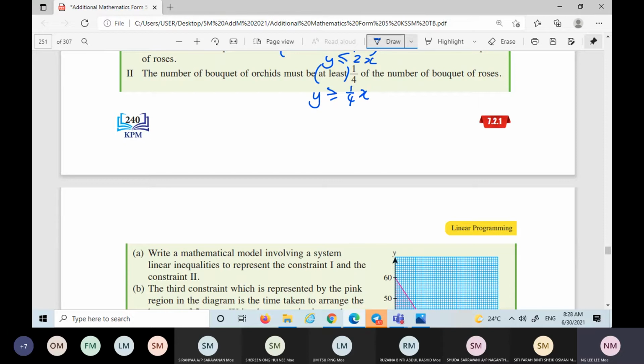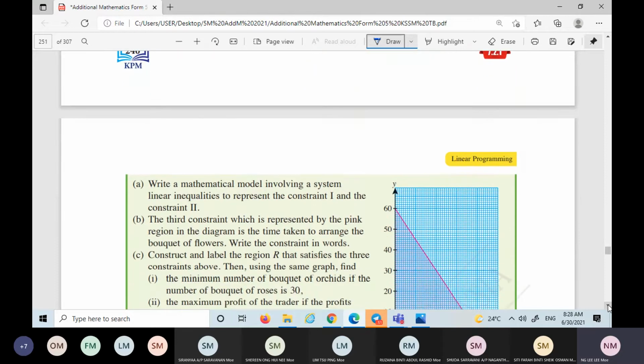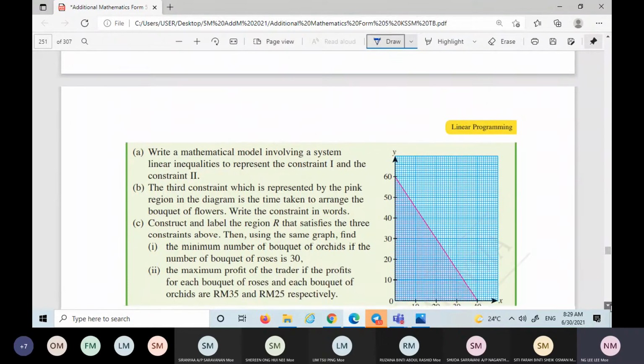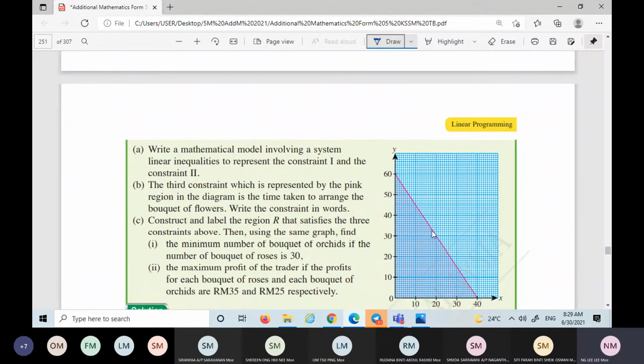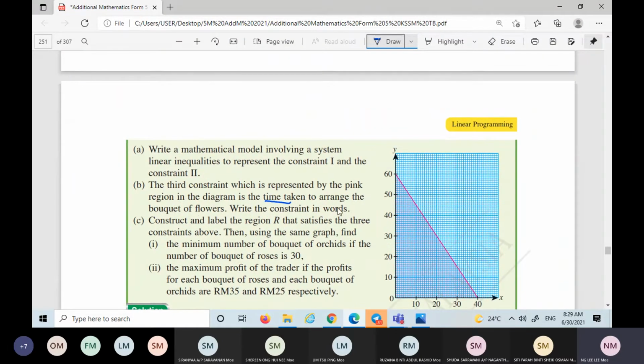Now we go to part B. The third constraint, which is represented by the pink region in the diagram, is the time taken to arrange the bouquet of flowers. Write the constraint in words.